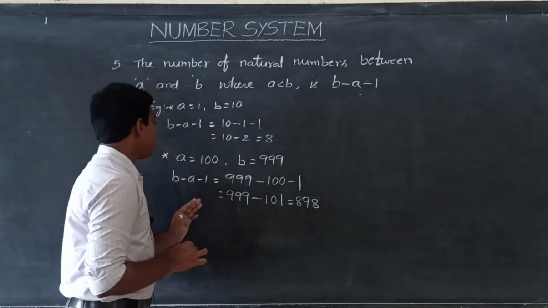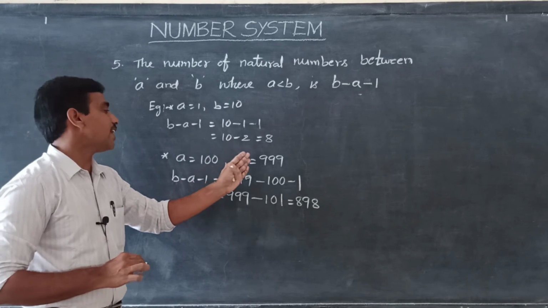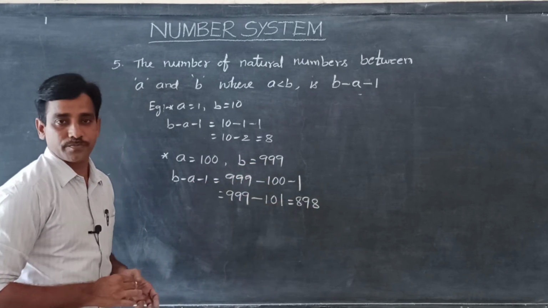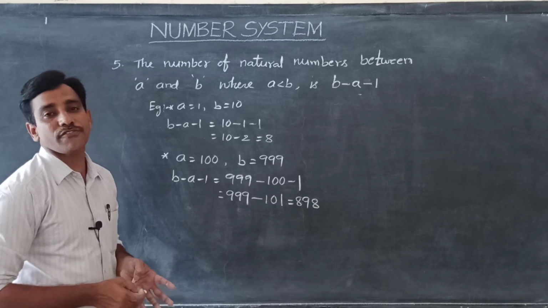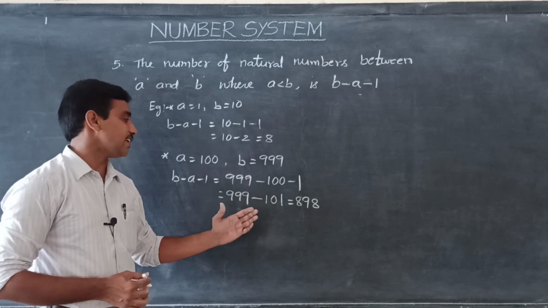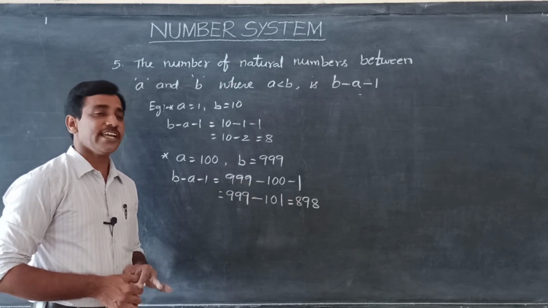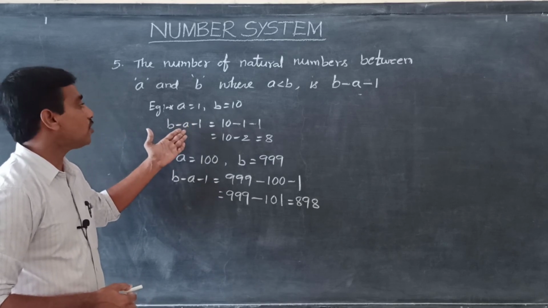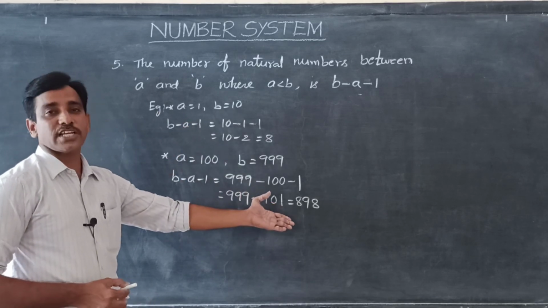So in between 100 and 999 we have 898 numbers.